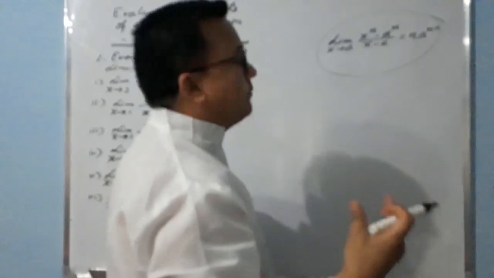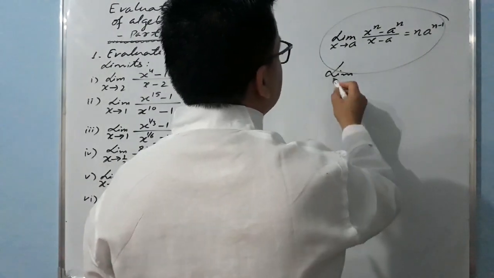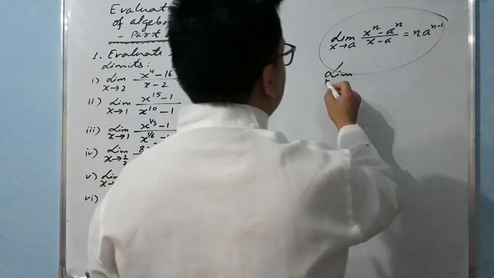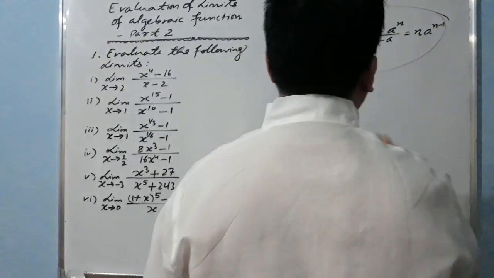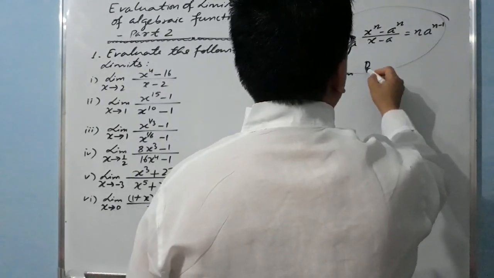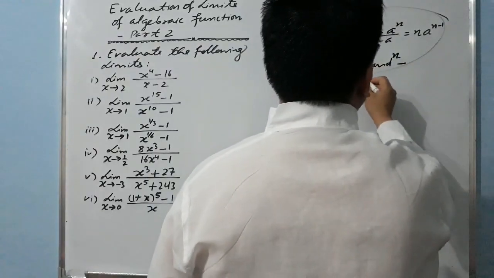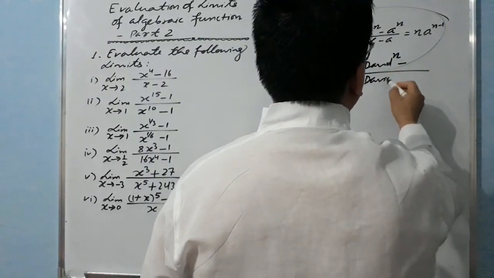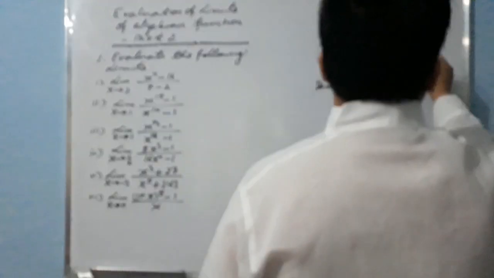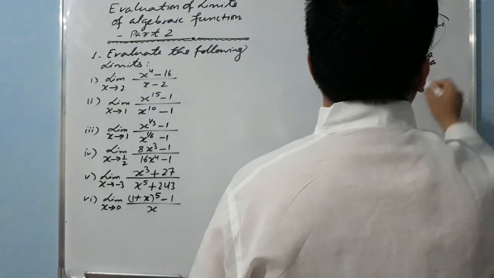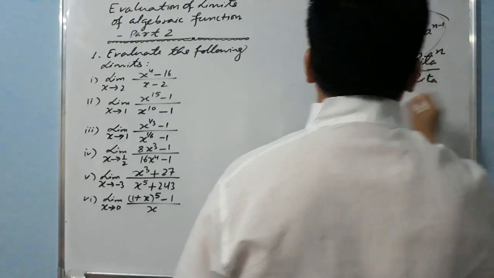Suppose, very simple, I take a limit where we have, let's suppose, David raised to power n minus, here also we need David, minus, you can take, let's suppose, Rita raised to power n, and here also we need Rita.